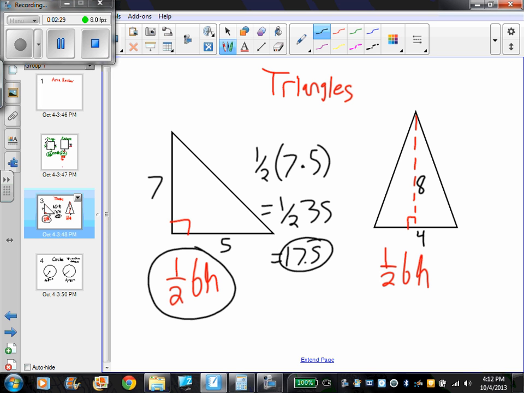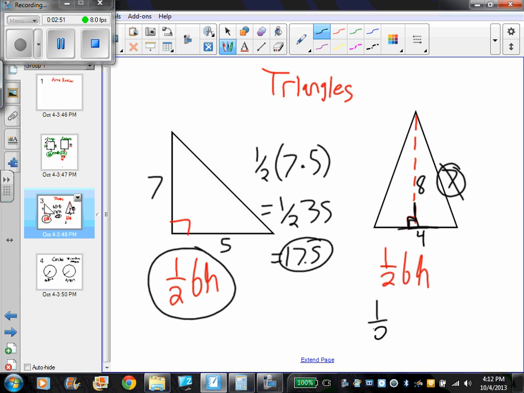Now, one thing that's true about the base and the height is that they always have a right angle between them. So even if you were told that this had a length of 7 up here, you wouldn't want to use that as the height of this other triangle because it's not perpendicular to the base. This 8 is perpendicular to the base. So that's the one that we're going to want to use for the height.